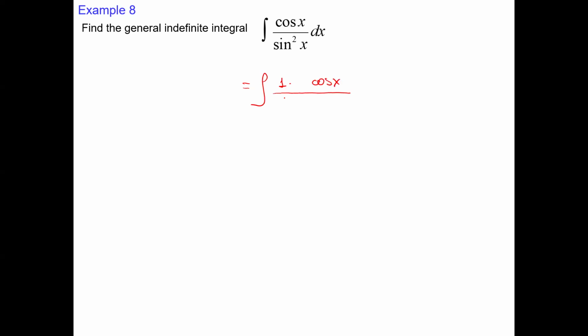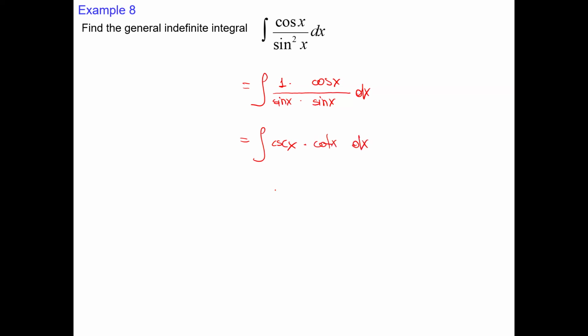Always when you see trigonometrics, sine of x, we try to rewrite and simplify. 1 over sine is cosecant of x. Cosine over sine is cotangent.